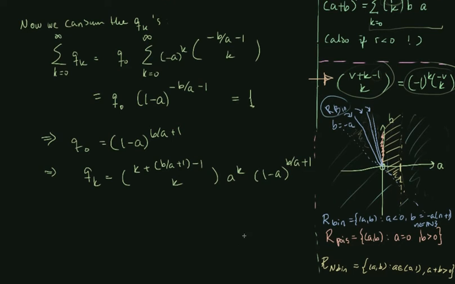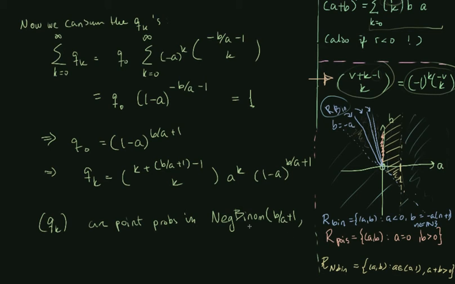So we can actually recognize the negative binomial distribution here now. We can see that the qk are point probabilities in the negative binomial distribution with parameters, well, what is our v parameter here? Our v parameter is essentially this b/a + 1.